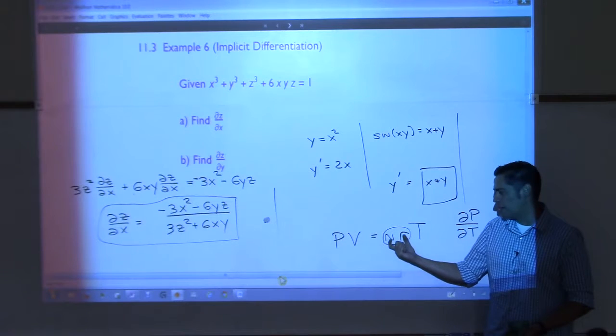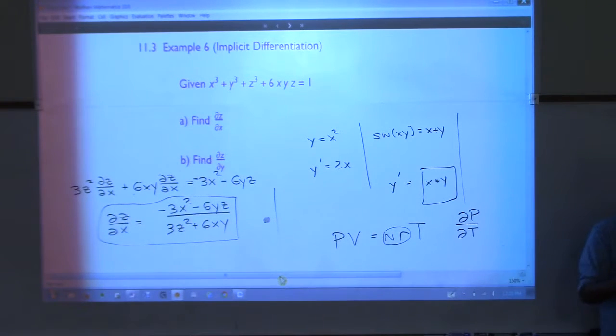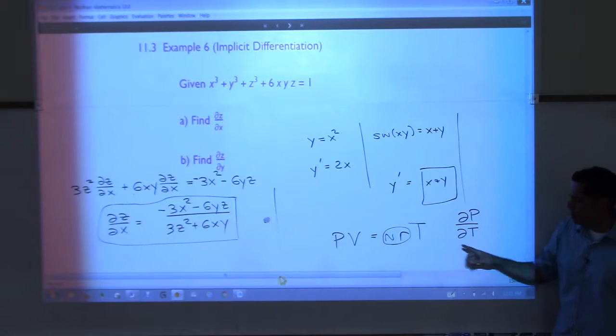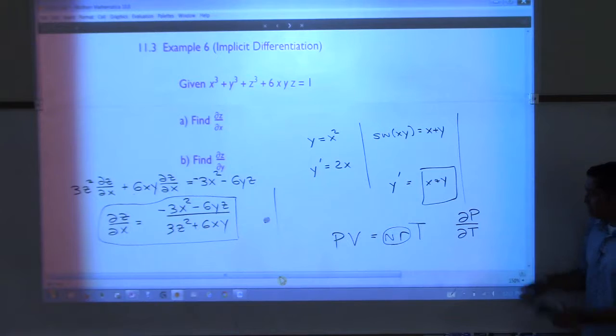This is already a constant, right? And what does this represent? I don't know if I'm answering your question. This is what it made me think of. What does this mean? What does this give us? What is this number, this answer, when I plug in the pressure, the volume, and the temperature into this answer, whatever I have here, what does it represent? What does that number represent?